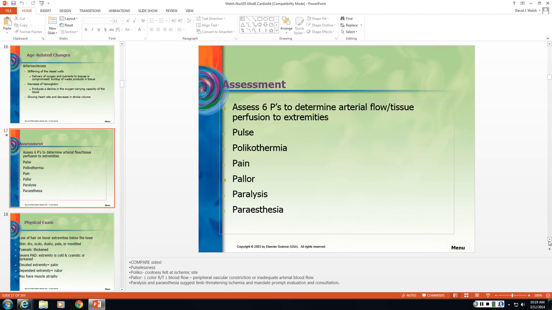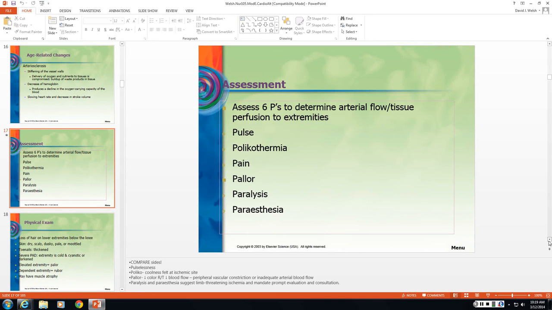So you're going to check the pulse. You're going to look for pulselessness, or no pulse, in the extremity that's affected. Poikilothermia, which is what? Coolness felt at that site. So the skin is going to feel cold, cold temperature at that site.